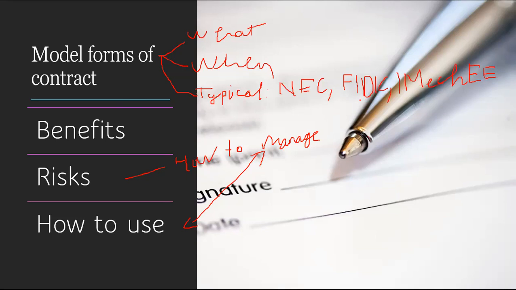Even the International Chamber of Commerce also publishes some form contracts on their website, and CIPS also provides some examples of these forms.